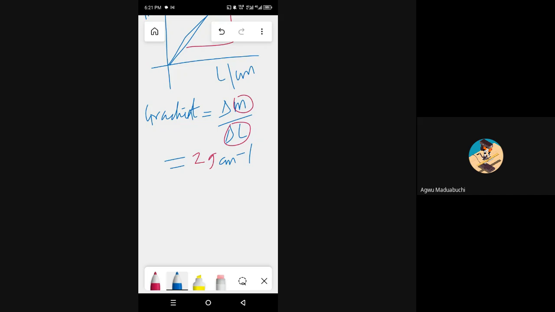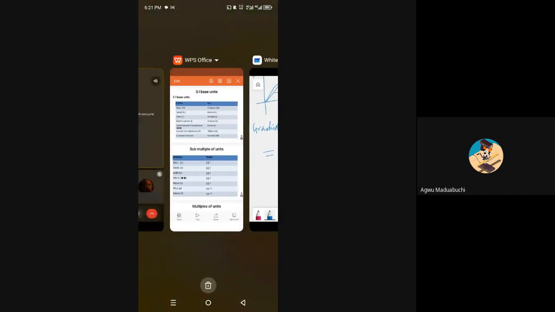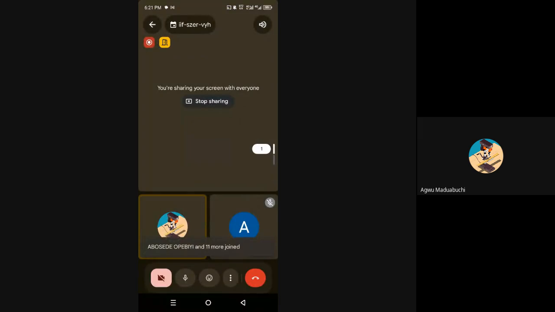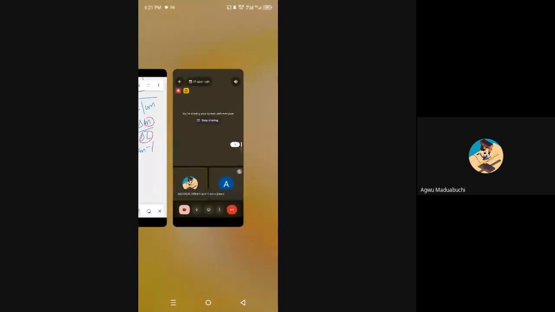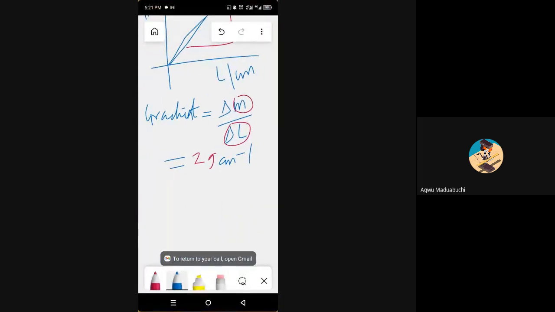No. Sorry, hope the pressure is not too much. Okay. So gram per centimeter, are they SI base units? No, sir, they're not. So we convert from gram per centimeter to what?